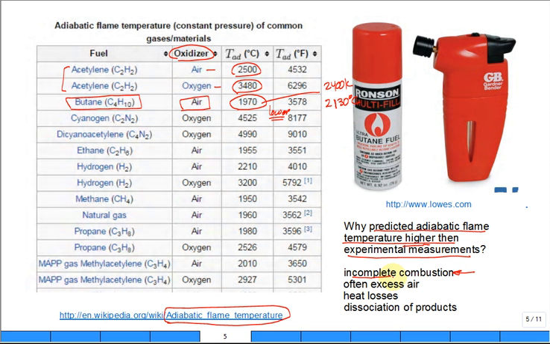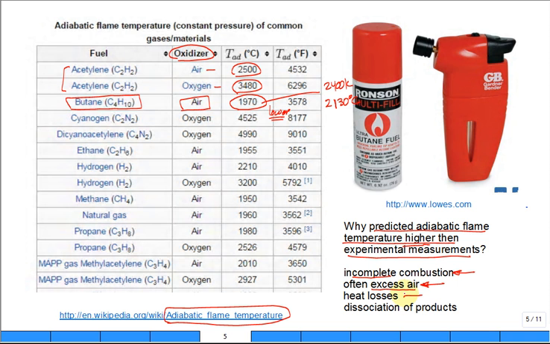It's not hugely incomplete, but there's enough unburnt fuel or partially burnt fuel that it's going to have a lower temperature because of that unburnt component. Also, in order to encourage complete combustion, often it's better to bring in a little excess air, and that will help more of the combustion to be completed.